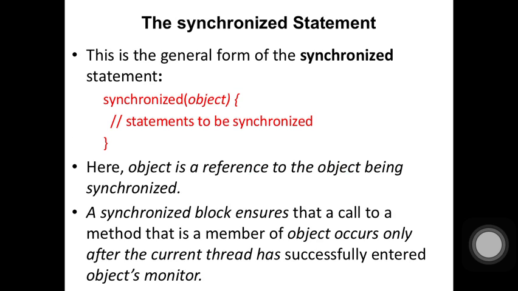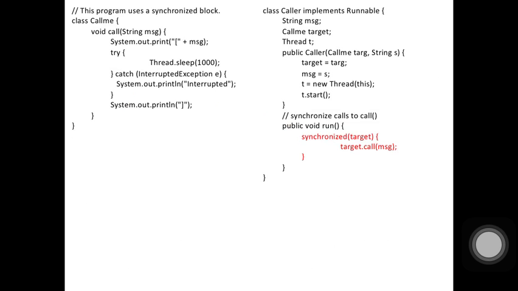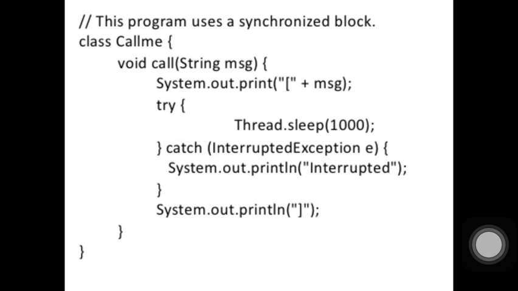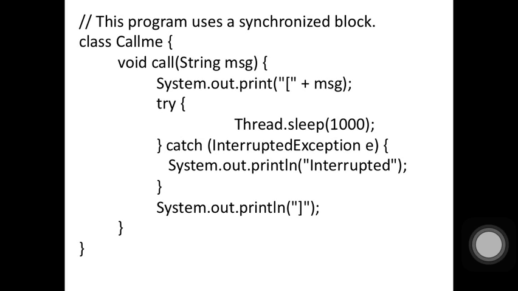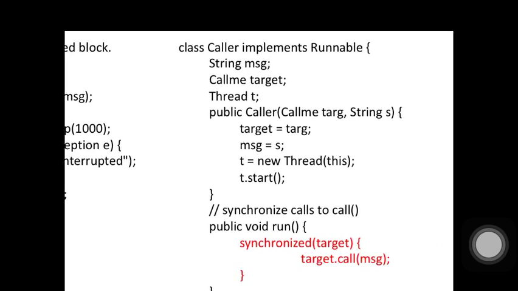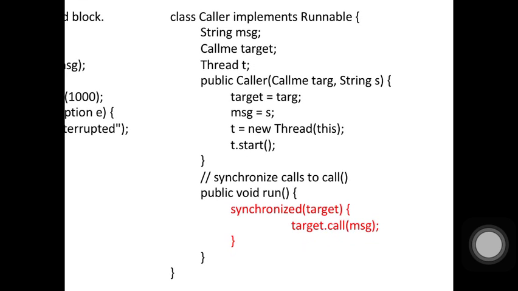Whichever thread enters the object's monitor has the resource and acquires the information. Let's see how it appears with a simple application. The same program here, the Caller is one class, as we represented previously, and we add one more block in the Caller class that implements Runnable.